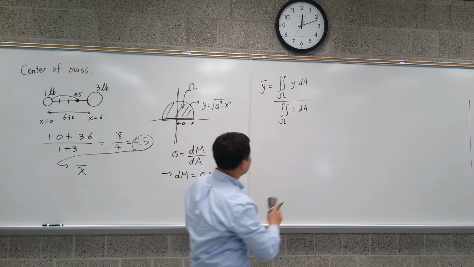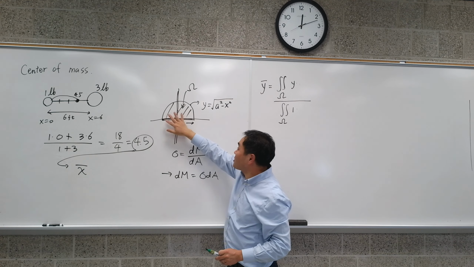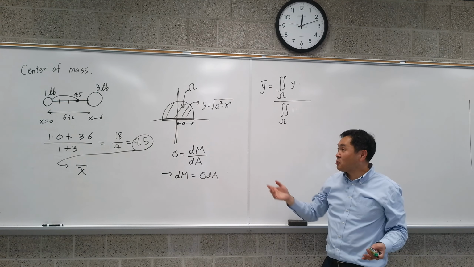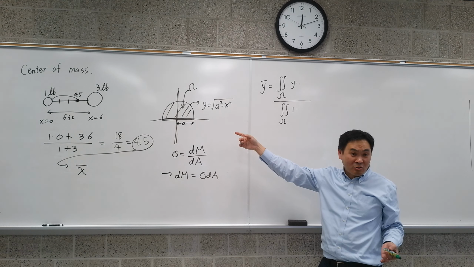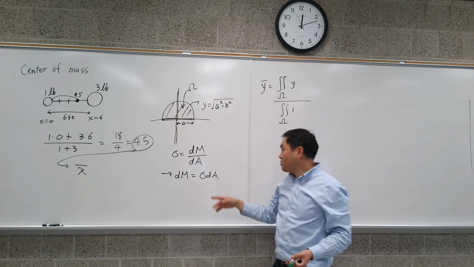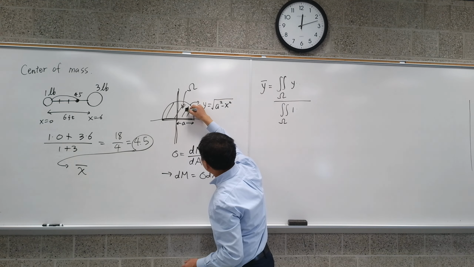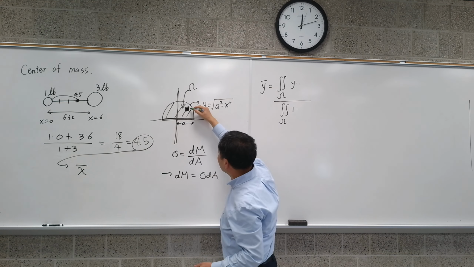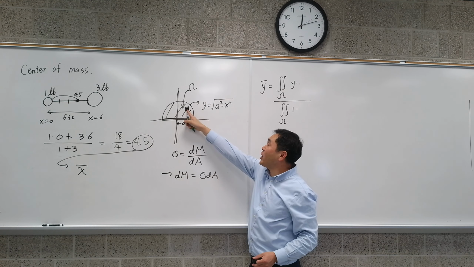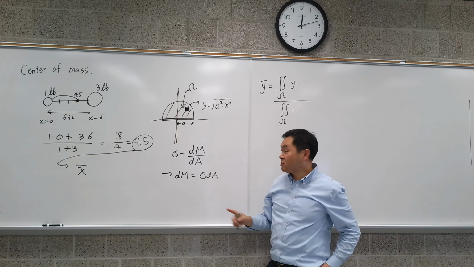We're going to assume this object has a uniform density, which in a lot of cases when you're working with these types of objects in the machine shop, is likely constant. So any small region will have a small mass and small area, and the weight, which is dm, can be calculated by sigma times dA.